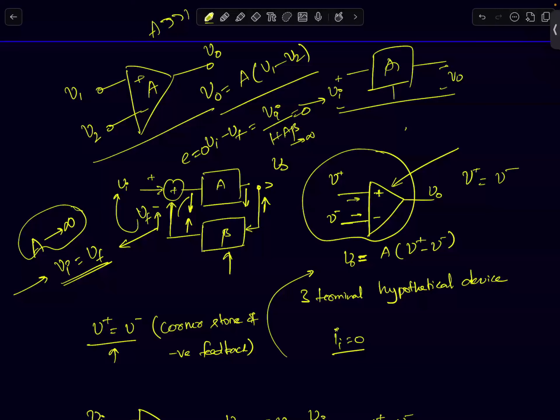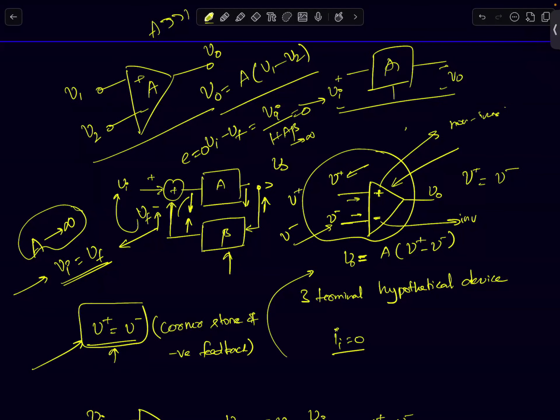The positive input terminal, the non-inverting terminal, is V plus, and the negative terminal, the inverting terminal, is V minus. Both the terminals will be equal. This holds true only when the circuit is configured in negative feedback, that V plus will be equal to V minus. And we will be using this result throughout the course to solve any opamp based circuit.